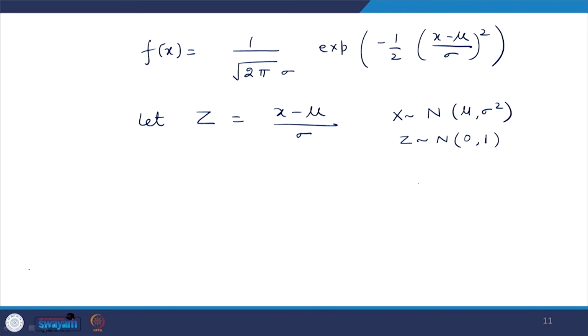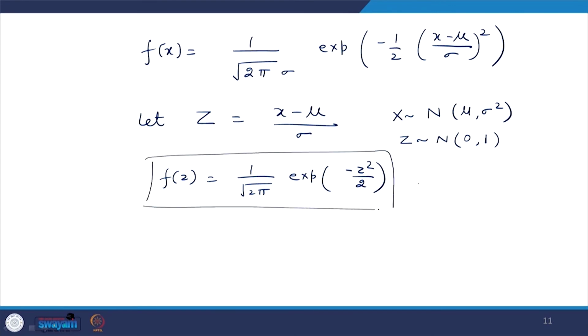Now, what will f(z) be? f(z) will be 1 upon under root 2 pi e raised to power minus z square upon 2. Because of this transformation, sigma will cancel out. So, now this is a very simple expression for the Gaussian distribution, a normal variate with mean 0 and standard deviation 1.